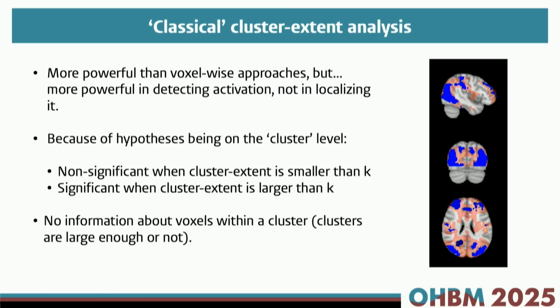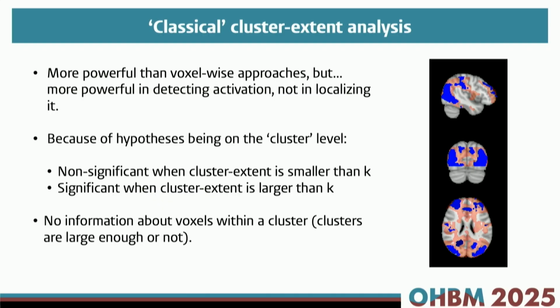And there's another caveat, and that is that this approach is really nice, and it is more powerful than the voxel-wise approach in detecting activation, but not necessarily in localizing activation.